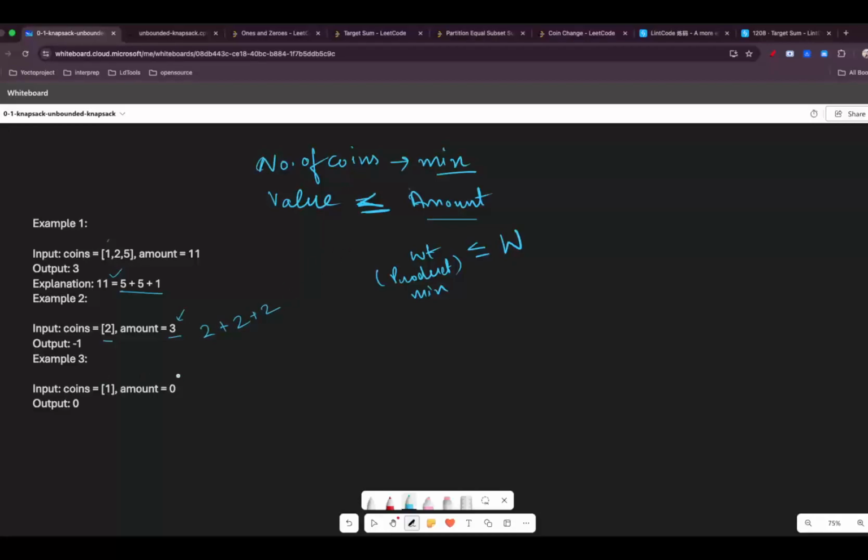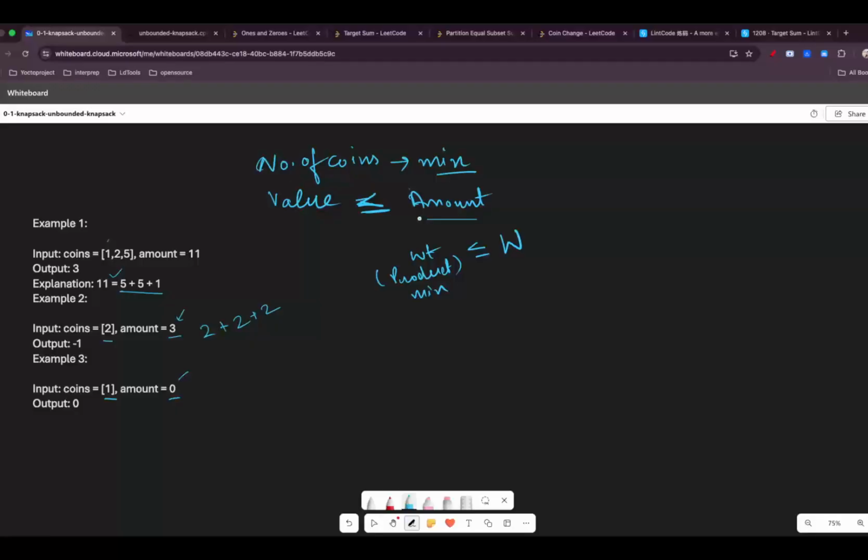And for this one, coins equals 1 and amount equals 0, how is the output 0? Because the amount is itself 0, there is no coin needed to give us that value, so we are returning 0.